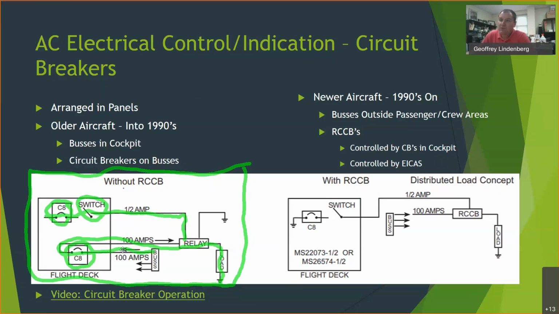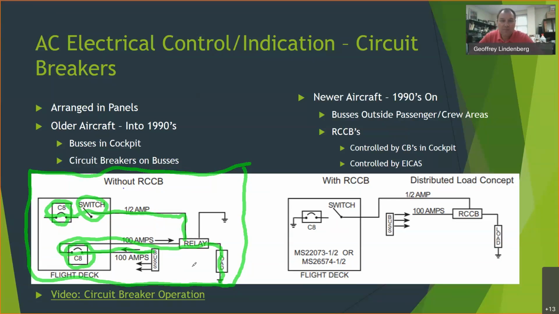But in this case you have 100 amps of current running up into the flight deck, which is a fire, smoke, and electrocution hazard. And so on newer aircraft, they move those high amperage feeds, the ones that actually provide power to, say, the hydraulic pump motor.